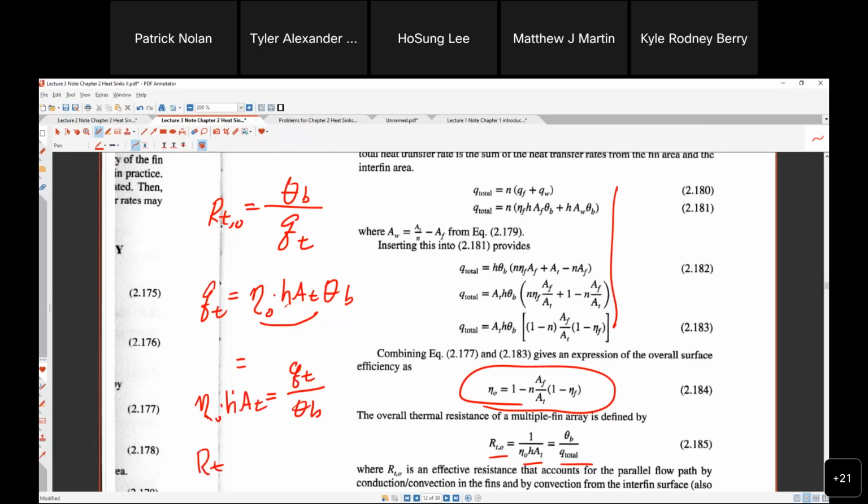So R total is theta_b over Q total. It is overall h A_T. That's interesting. Overall thermal resistance is one over eta overall h A_T.